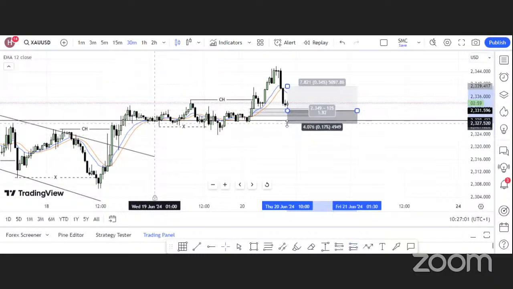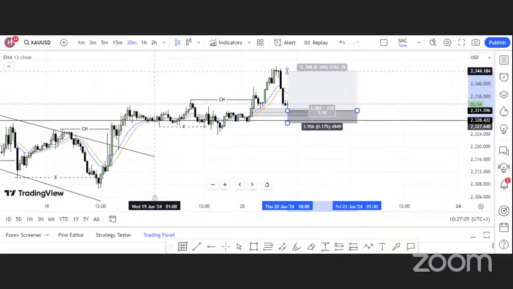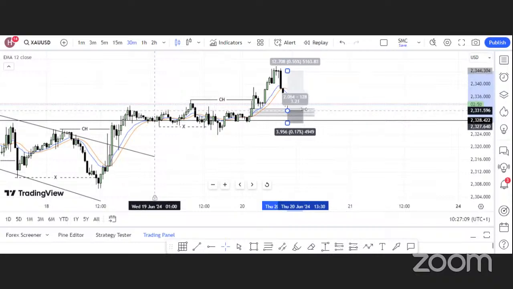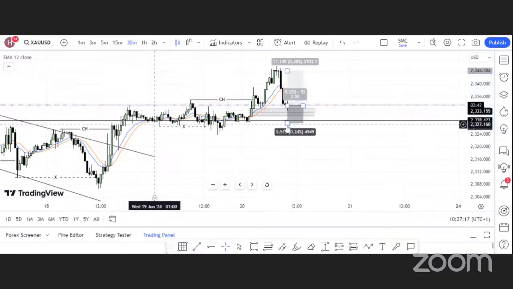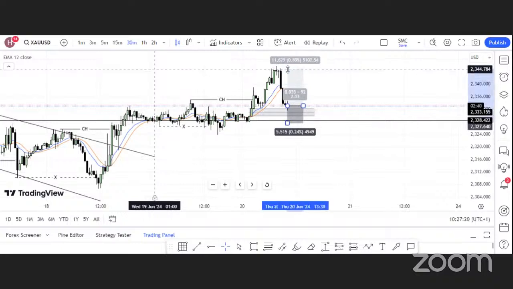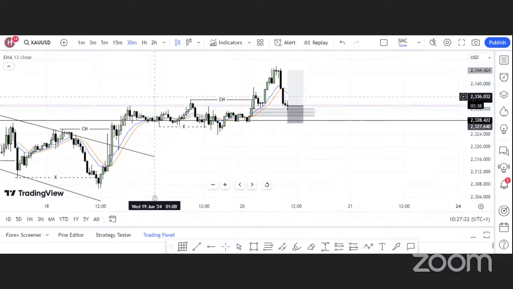And my stop loss is going to be right here. My take profit will be on this high, right? So this is my entry because the candle is currently here. This is my entry, this is my stop loss, and this is my take profit. All right.